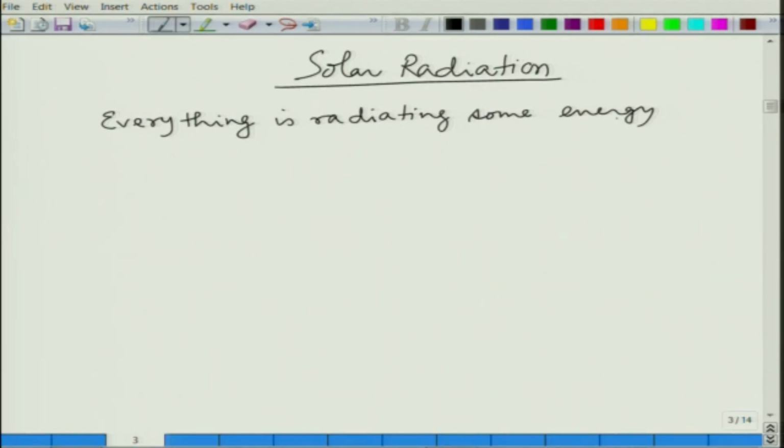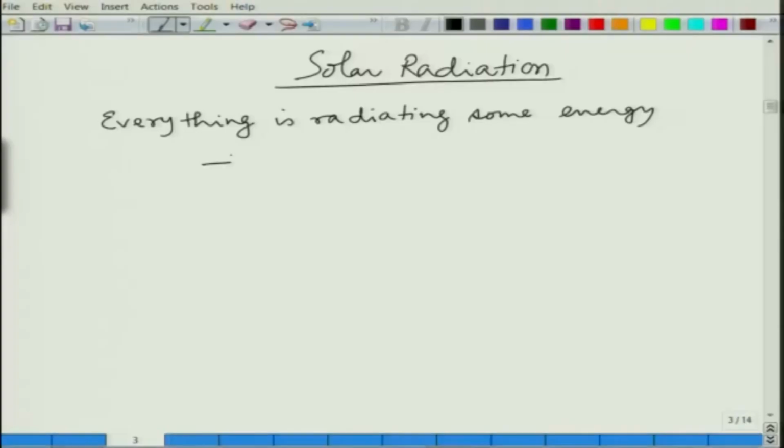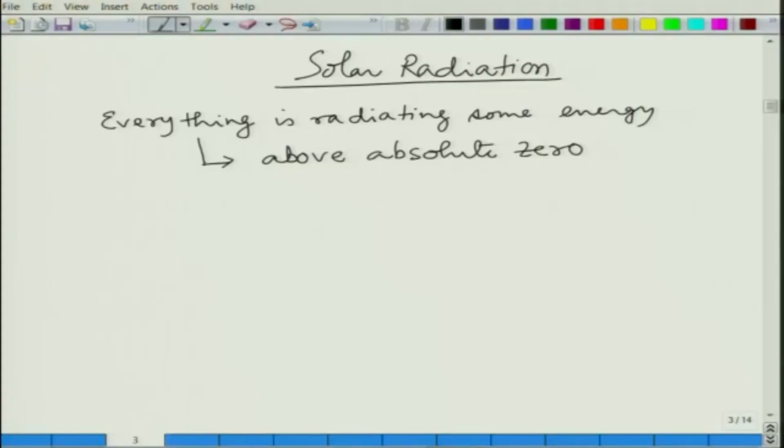You must have heard about the absolute zero, temperature absolute zero, right. So, here what I said, everything, I should specify that everything above absolute zero. Then only the statement will be fully correct. So, everything above absolute zero is radiating some form of energy. Okay.